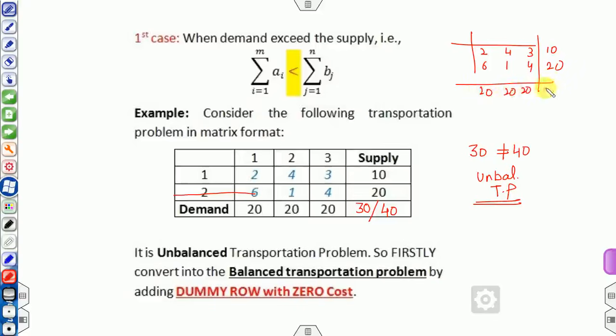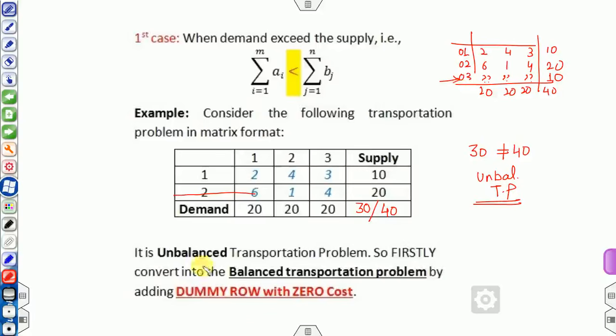So there is a need of adding one extra supply of 10 units, but what about the cost? Since the cost depends on the source, if you add another supply, you have to add another source O3, but there is no such source.